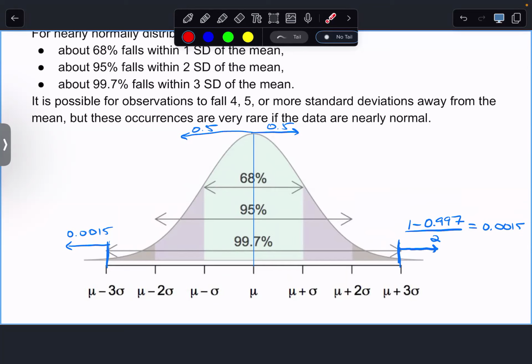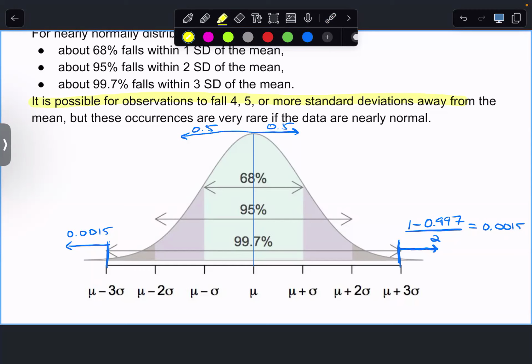I do want to highlight that it is possible for observations to fall 4 or 5 or more standard deviations away. I keep an assignment question on there where you're 12 standard deviations away from the mean and everyone freaks out. Well, how am I supposed to deal with that? Well, you can do it.